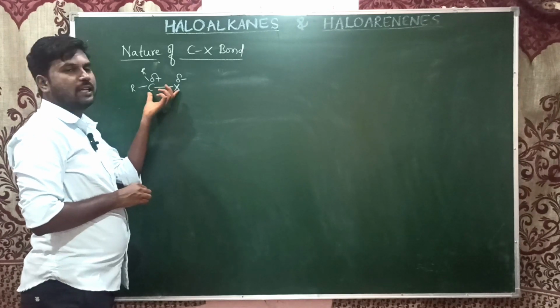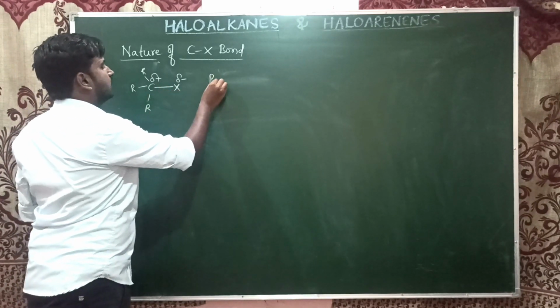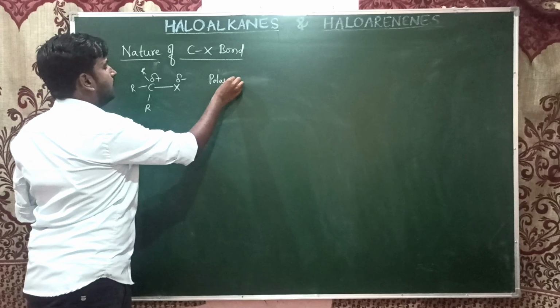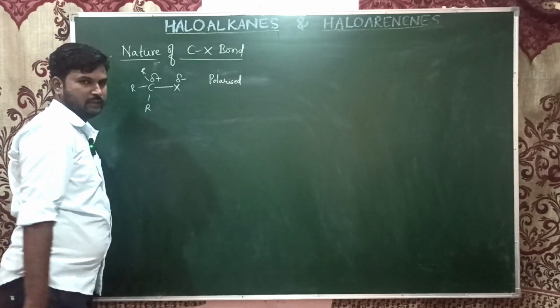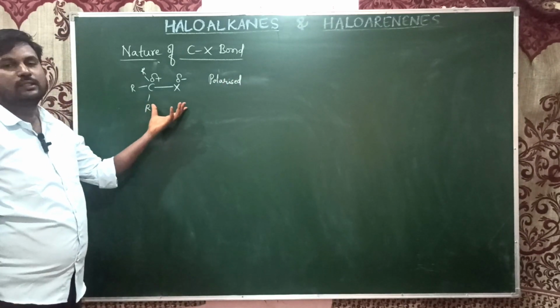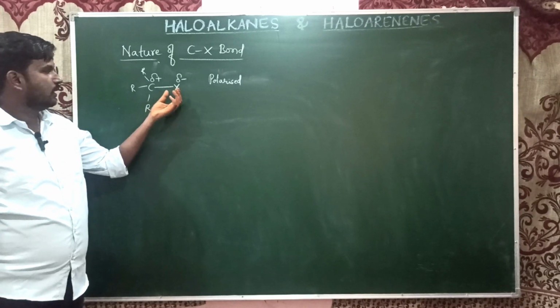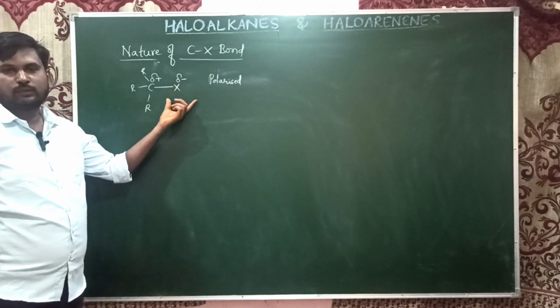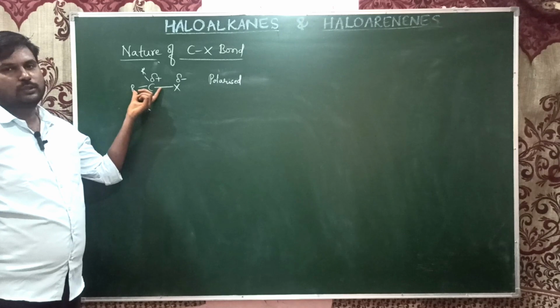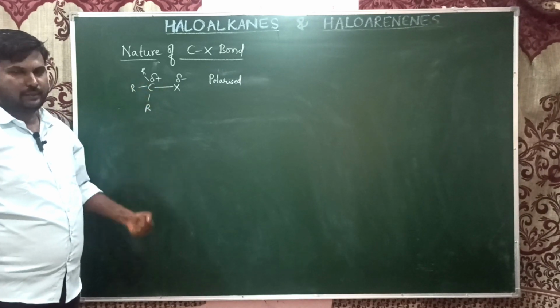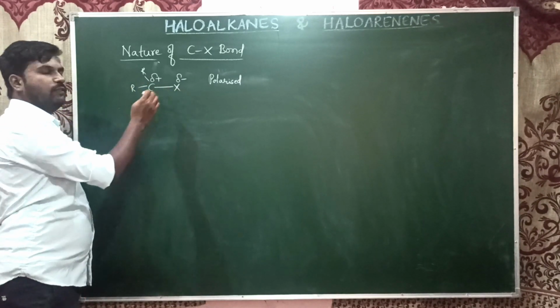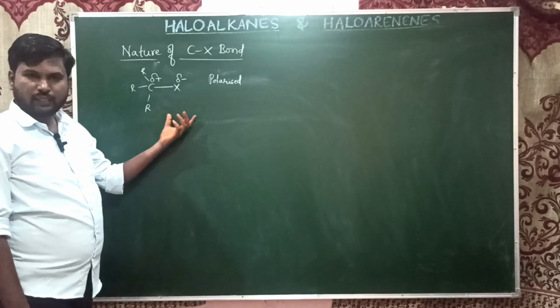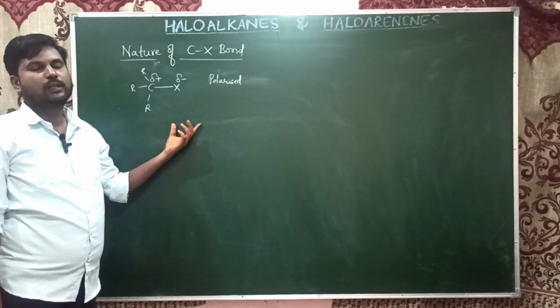So that's why this carbon halogen bond is a polarized bond. It is not a neutral bond, it is a polarized bond. There is a creation of the partial negative charge over the halogen atom and the positive charge on the carbon atom. And there are 4 halogen atoms: fluorine, chlorine, bromine, iodine.